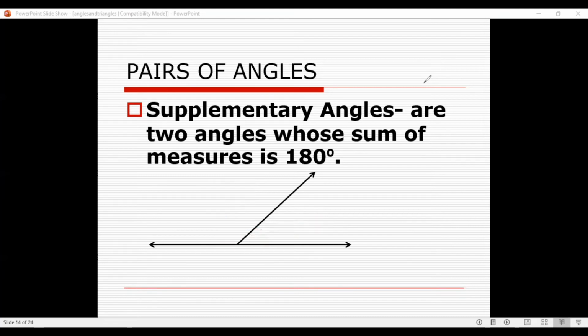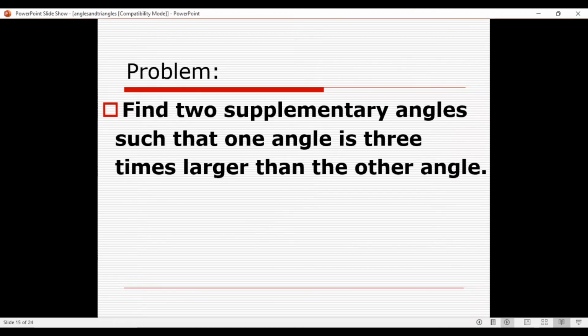So let's look into some application of this problem. The first one: find two supplementary angles such that one angle is 3 times larger than the other. Again, we are looking for two angles.